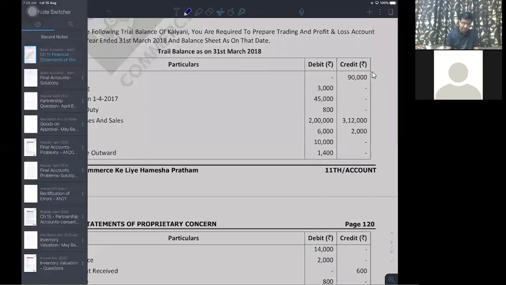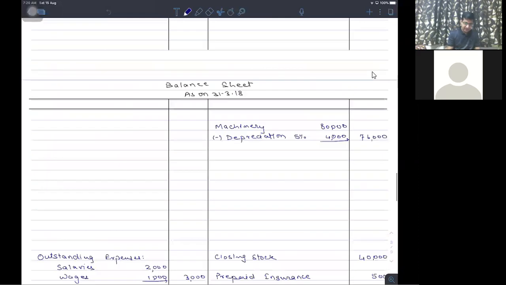Therefore, balance sheet onto the liability side, capital, inner amount column 90,000, less drawings, rupees 3,000, balancing figure within the inner amount column itself, 87,000. Why within the inner amount column? Because we are still supposed to present the profit and loss.